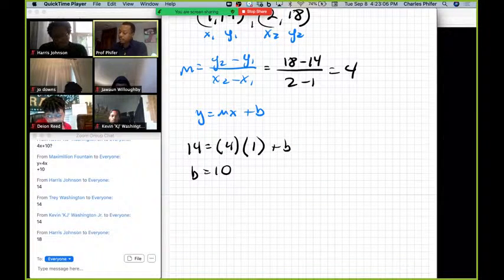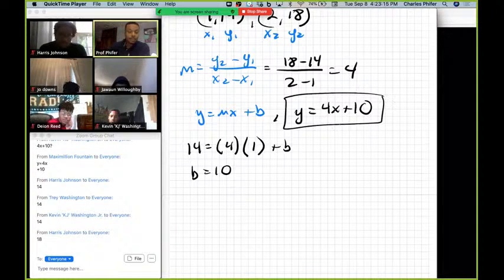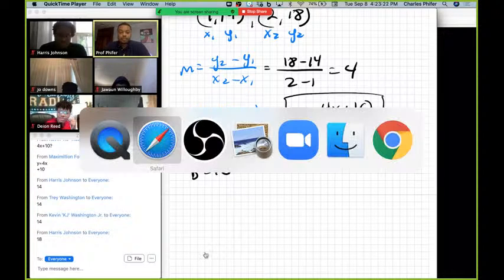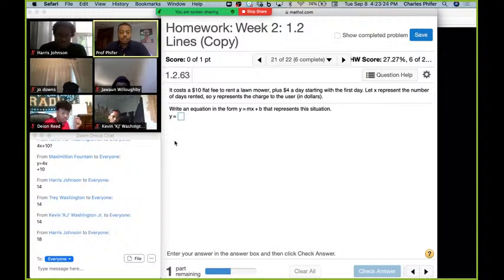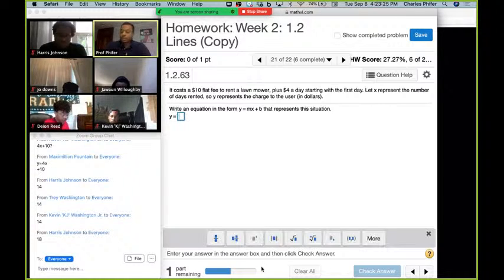So it looks like the equation of our line is going to be y equals 4x plus 10. I think someone had that already, but I just wanted you to see this backstory. Okay. To represent the situation, 4x plus 10.